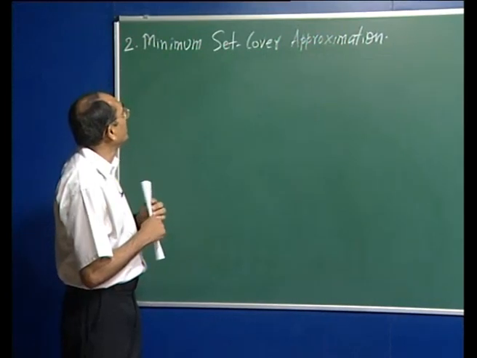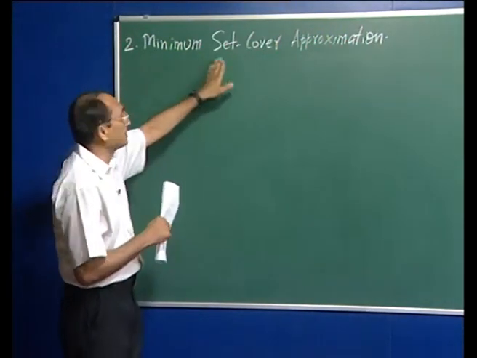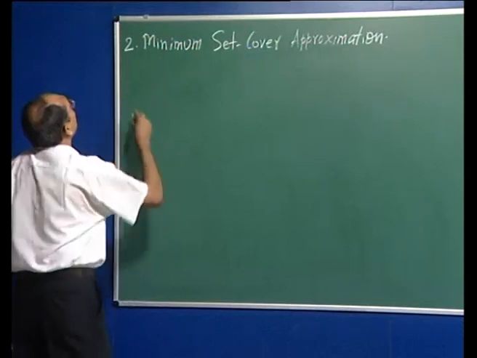Okay, so the second problem today is another NP-hard problem called the set cover problem, and we would like to compute an approximation to the smallest set cover. I will begin with the definition of the problem.